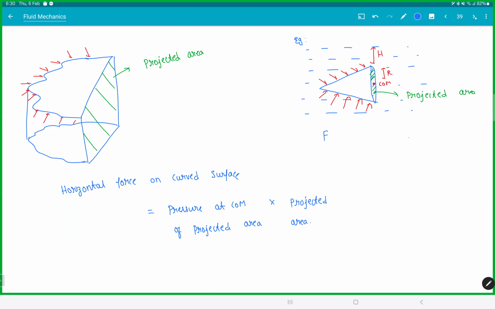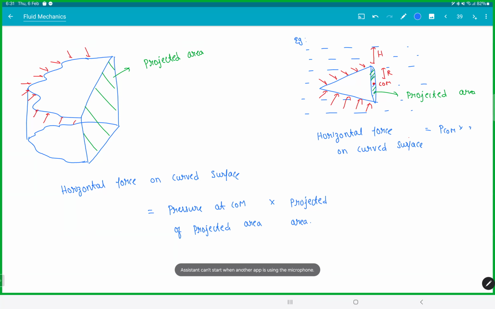So you can see the horizontal force on the curve is pressure at center of mass into the area. So here the pressure at center of mass is P naught plus rho g (r plus h), into the area of the disk, which is pi r square.